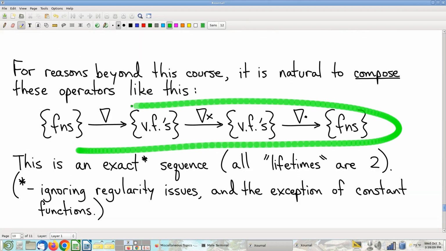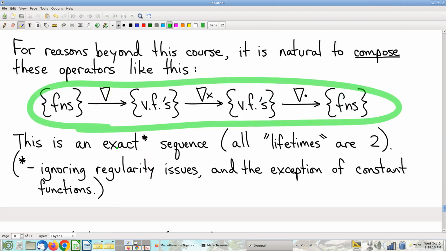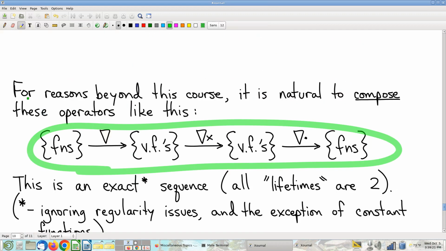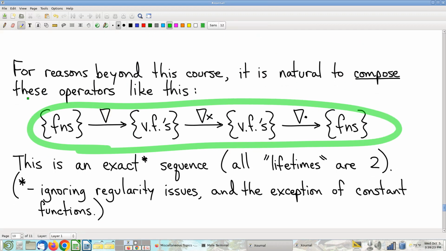Therefore, I'm going to call that pretty good evidence. And by the way, you can check all these individual facts here for yourselves. And some of these might be homework exercises, as I recall. But various different facts you can check for yourselves, all of which together kind of suggest, hey, this is starting to seem like a pretty natural thing after all. Right? You put these together and you get this broadly applied fact about lifetimes being 2.